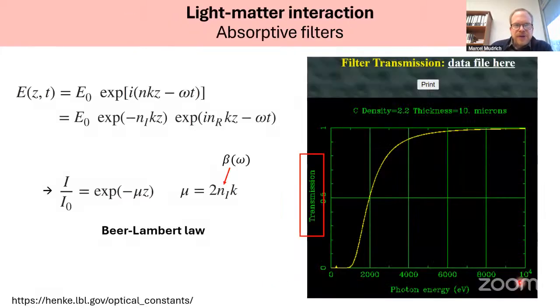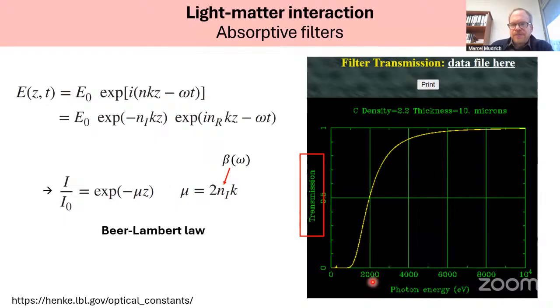That was the refractive part of N, but N also has this imaginary part, the Ni, which if you place Ni into the typical wave equation, we arrive at Beer-Lambert's law for absorption or extinction of incident intensity.